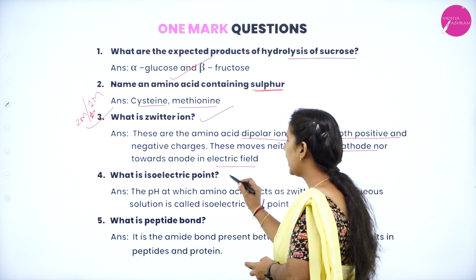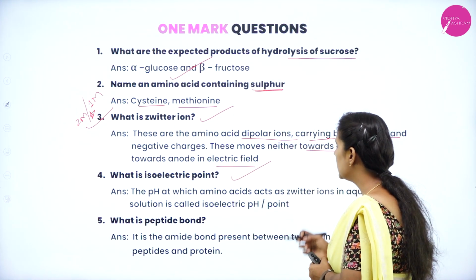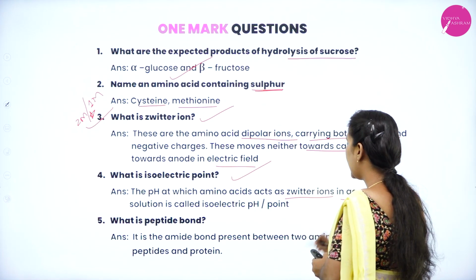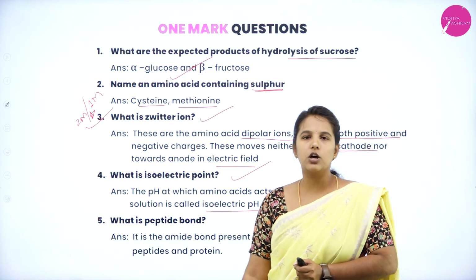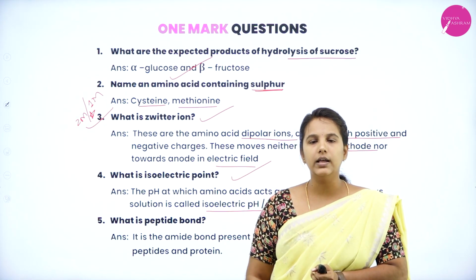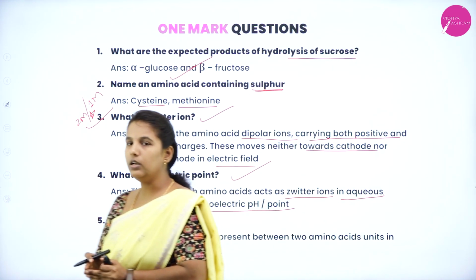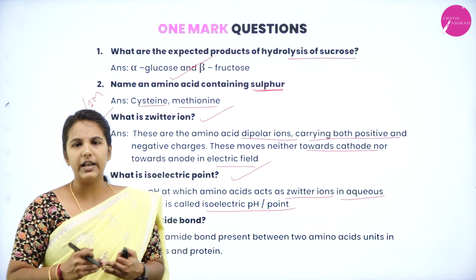So, what is isoelectric point? The pH at which amino acids will act like a Zwitterion in the aqueous solution is known as what? Isoelectric pH or the isoelectric point. Okay. So, at a particular point, the Zwitterion will be formed in an amino acid which consists of both the positive and the negative charge.